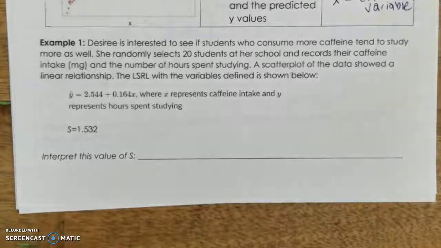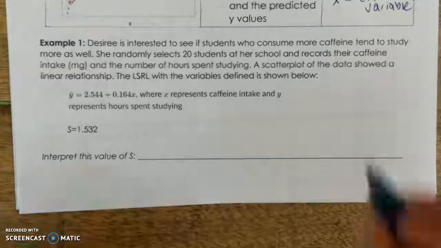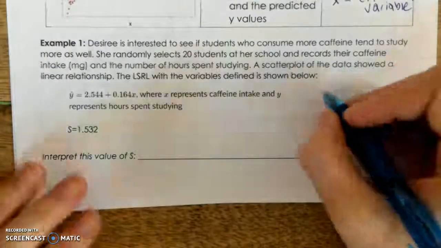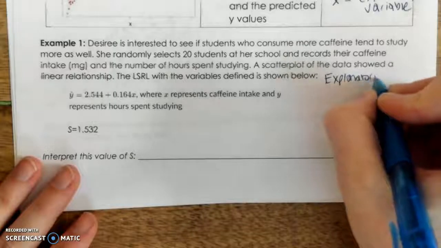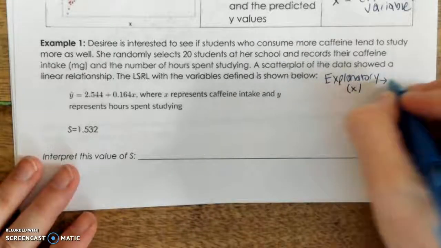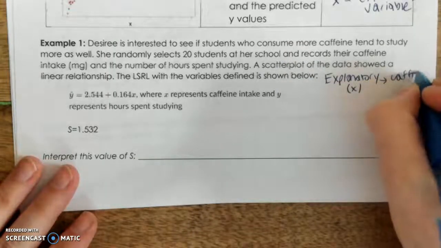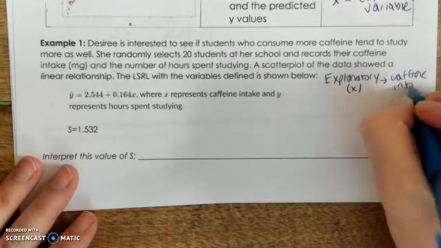All right, example 1. Desiree is interested to see if students who consume more caffeine tend to study more as well. All right, so just think about that in your head. We're trying to see if students who have more caffeine study more as well. So we know that our explanatory, our x value, is going to be caffeine intake.